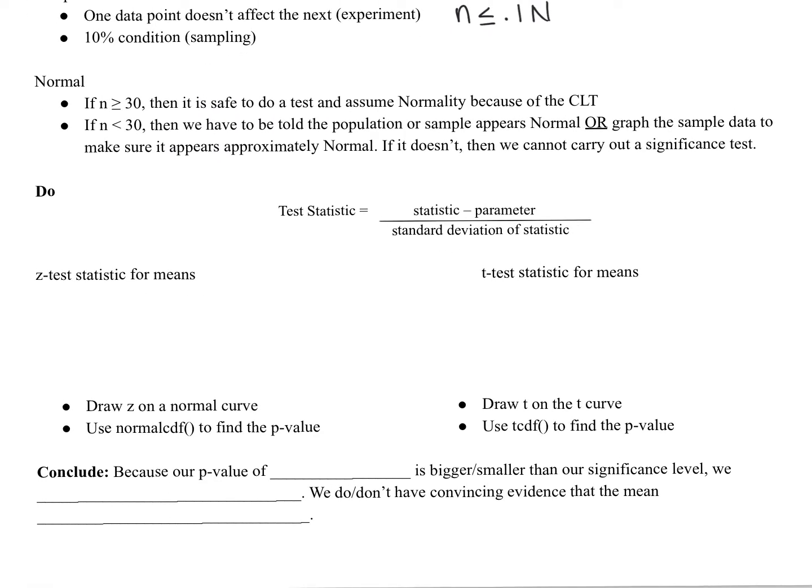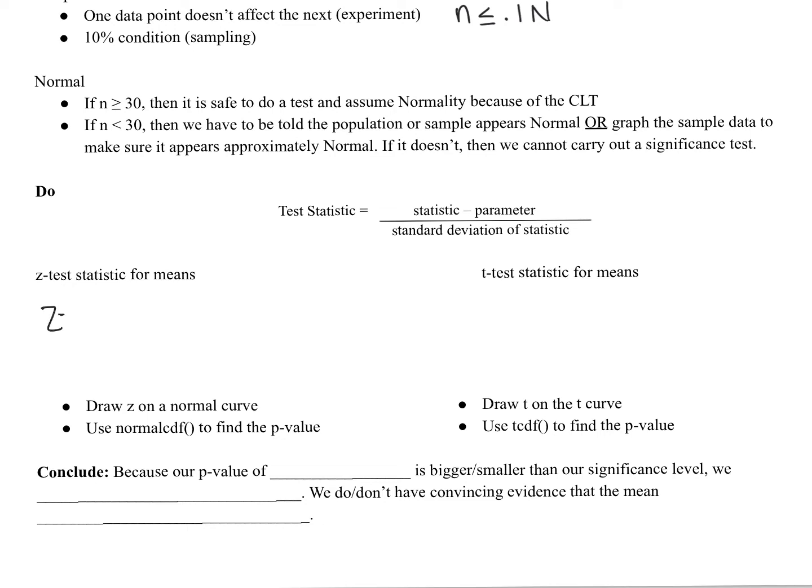So when it comes to calculating your test statistic, just to refresh what the generalized form is, it's your statistic minus your parameter over your standard deviation. Depending on whether we're running a z-test or a t-test, we have a z-test statistic or a t-test statistic.